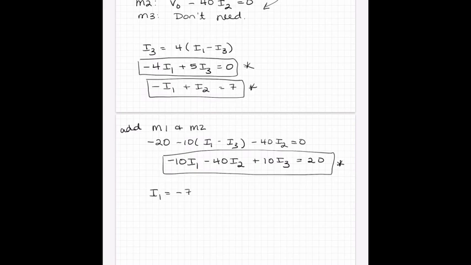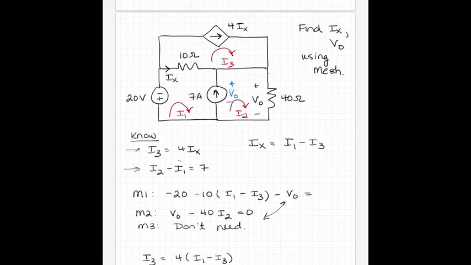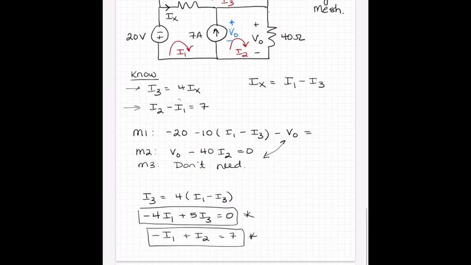So I1 is equal to minus 7.14 amps. I2 is equal to minus 0.143 amps. And I3 is equal to minus 5.71 amps. Okay, so those are our three currents. We needed to solve for Ix and V0.